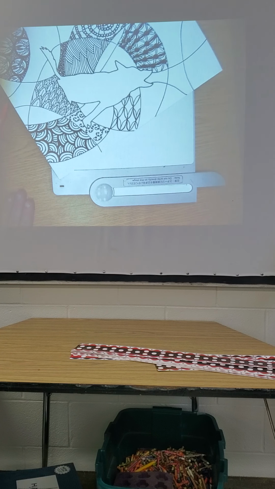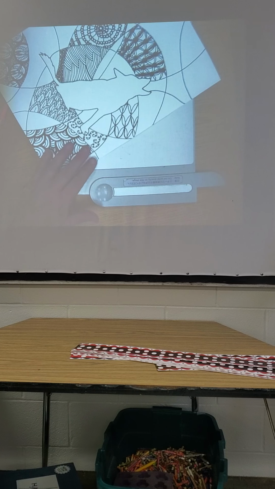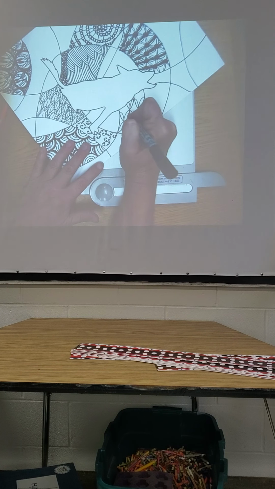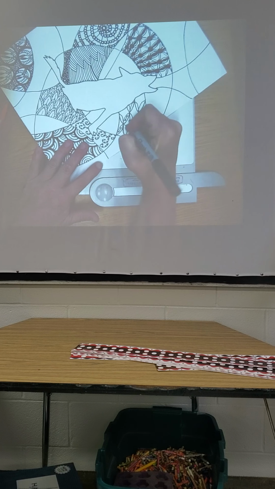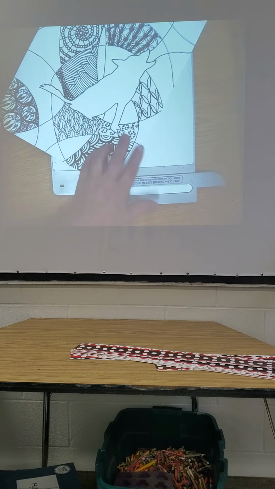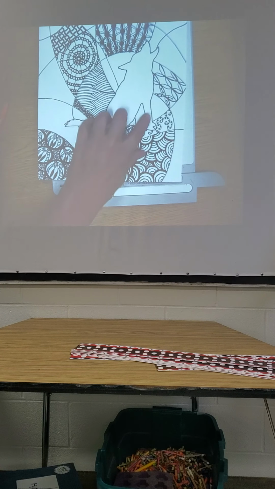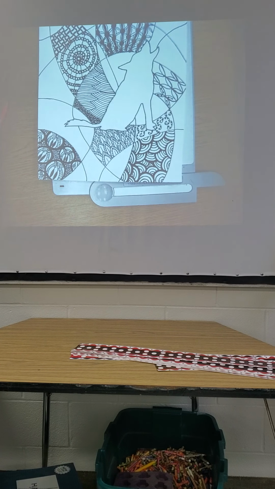Right, and then depending on how detailed, which they do need to be somewhat detailed, they don't all have to be super detailed, but then maybe I want to add something like this in this area. So again, it's just kind of doodling and coming up with some kind of design. But like I said, if you look up Zentangle, you can also find some designs that other people have done that you can then copy.